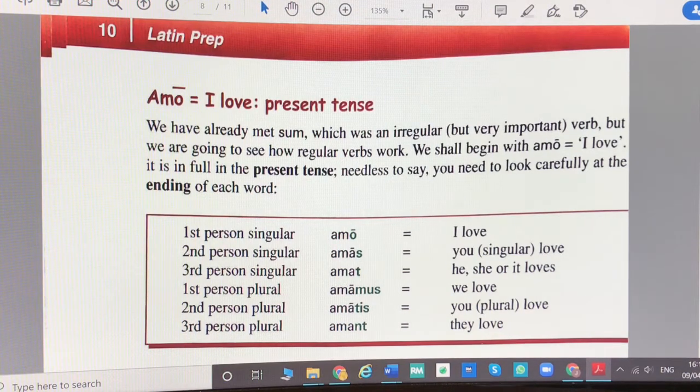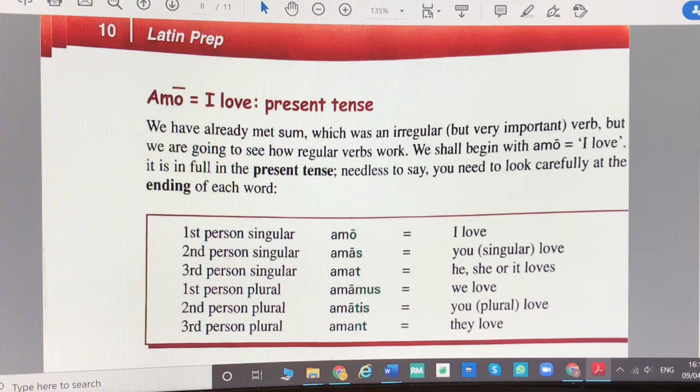As you can see, each part of amo is made up of a stem in black ink and an ending here in green ink. The stem is all the way down the same, because of course all of these words mean something to do with loving. The ending changes in each case depending on who it is that's doing the loving. Am-o is I love, but amas is you love.